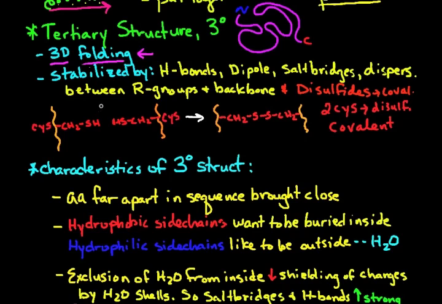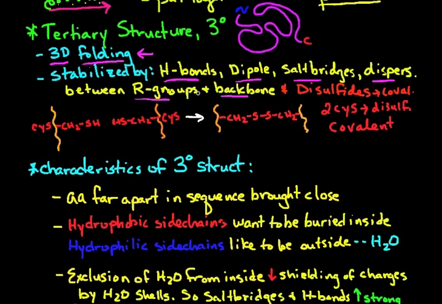Now tertiary structure is stabilized by hydrogen bonds, dipole interactions, salt bridges, dispersion forces. So all the possible intermolecular interactions that can exist between the R groups, so between the side chains of the amino acids that make up the protein, and also between the backbone atoms, so the backbone amide atoms there can interact with R groups or with each other.